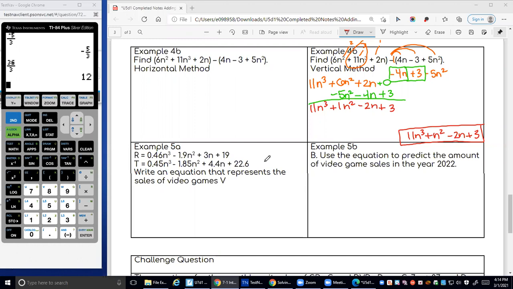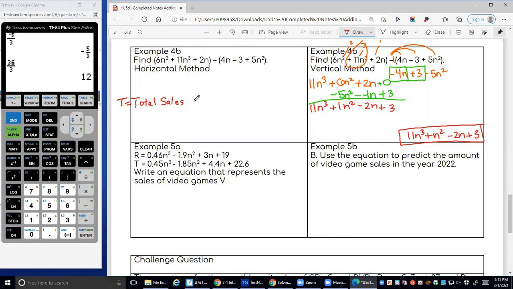All right, so basically there's this toy store, right? And they have something called total sales. T is for total sales, and it's the sales of 2 different types of things.